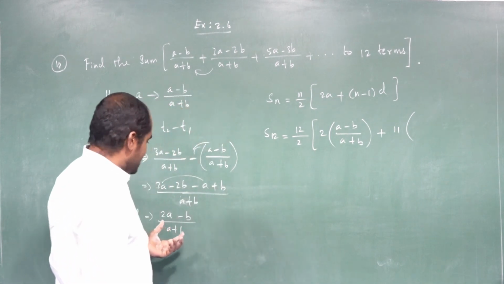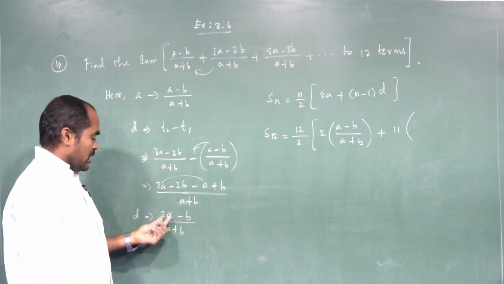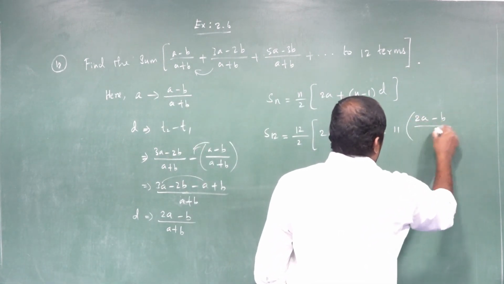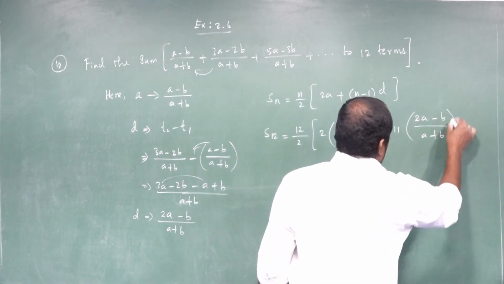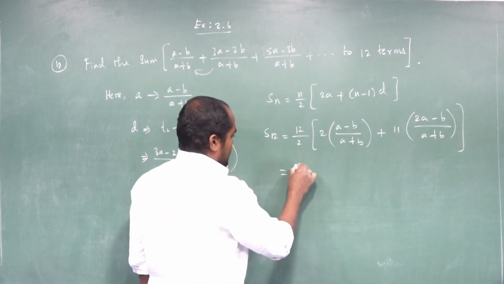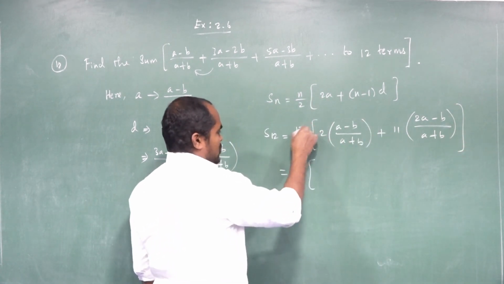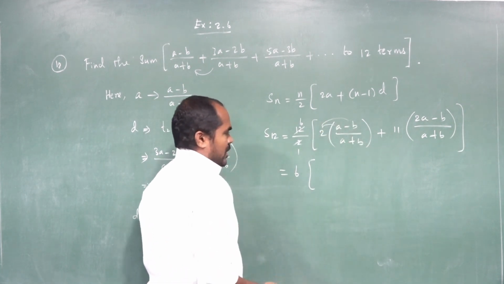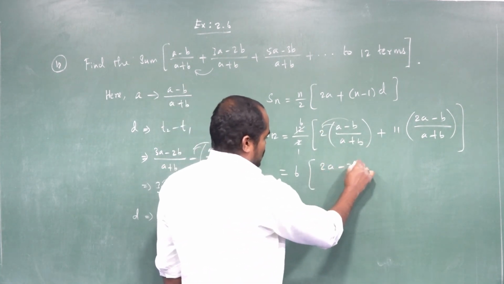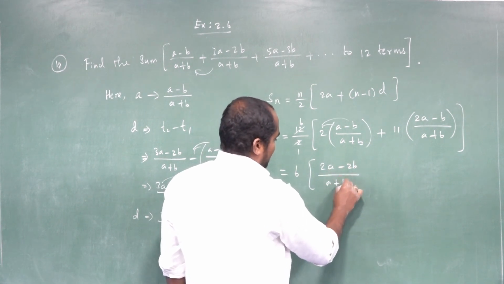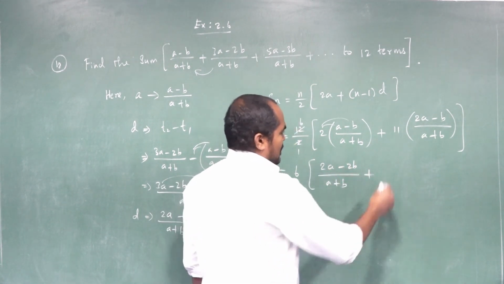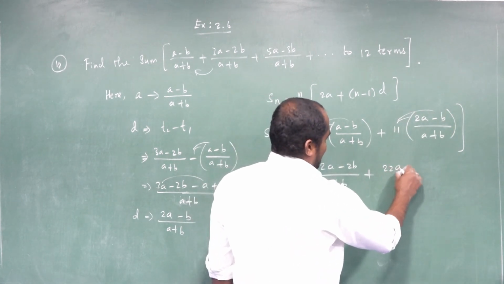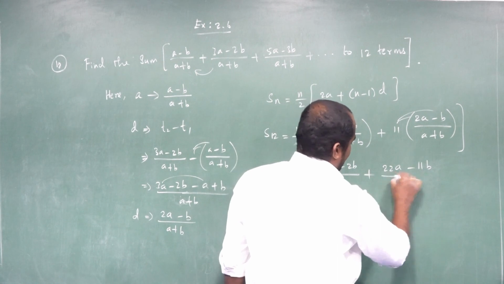The common difference is 2a minus b by a plus b. So this is equal to 6 of, because 6 2s are 12, 2 into a, 2 into minus b: 2a minus 2b by a plus b plus 11 into 2a, 11 into minus b: 22a minus 11b by a plus b.